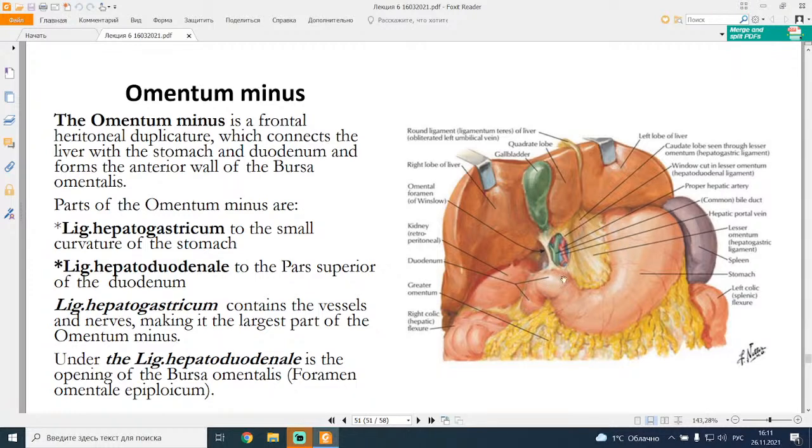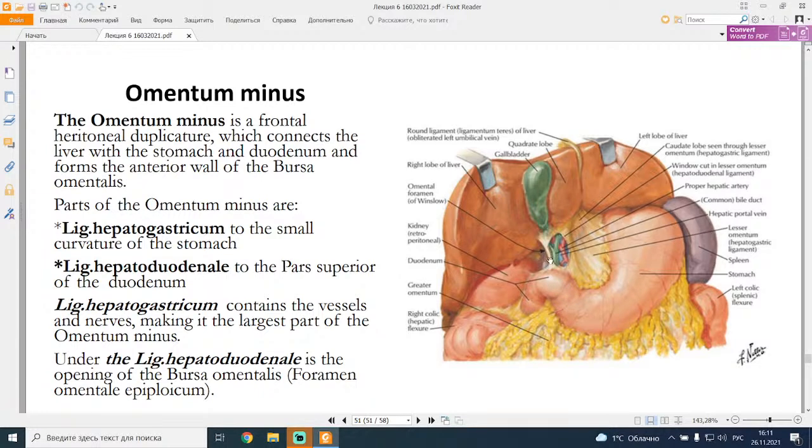Parts of omentum minus are ligamentum hepatogastricum and ligamentum hepatoduodenale. Ligamentum hepatogastricum contains the vessels and nerves, making it the largest part of omentum minus.